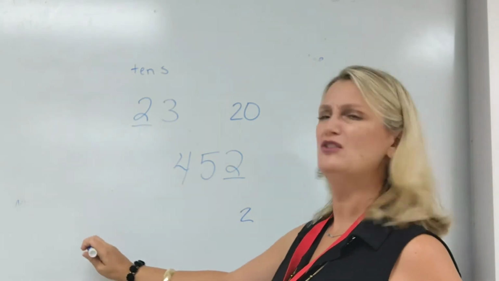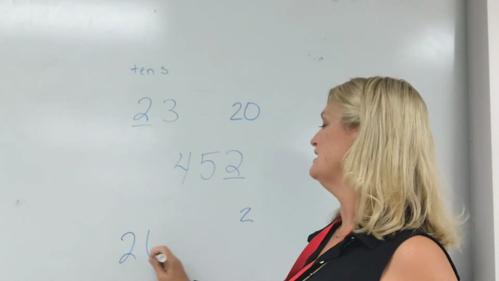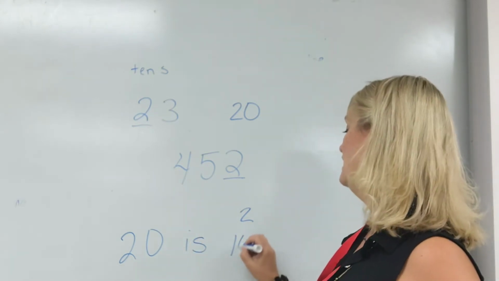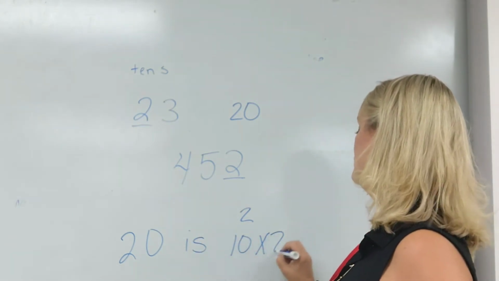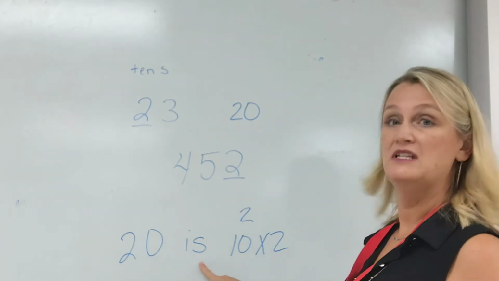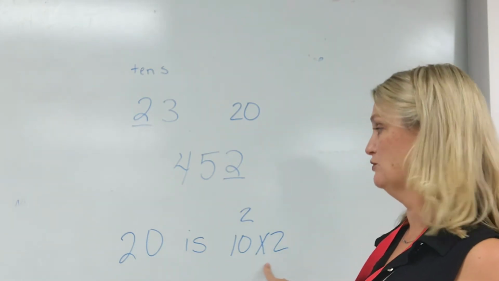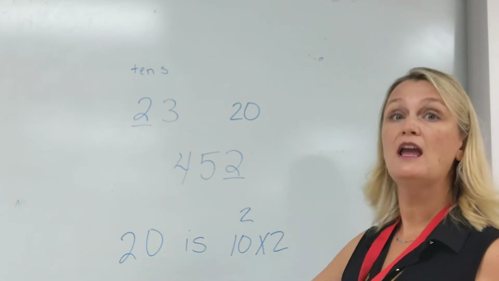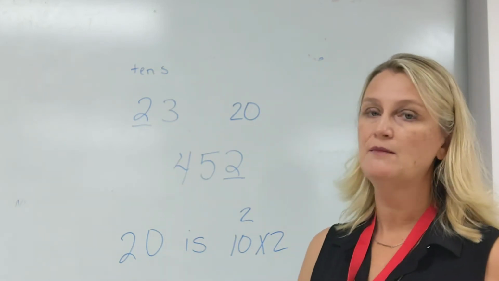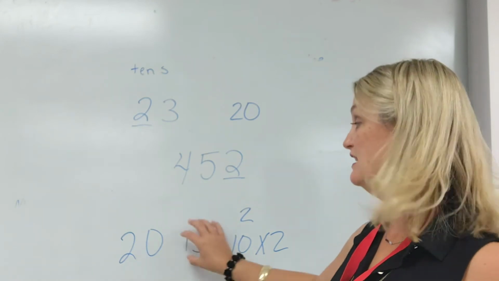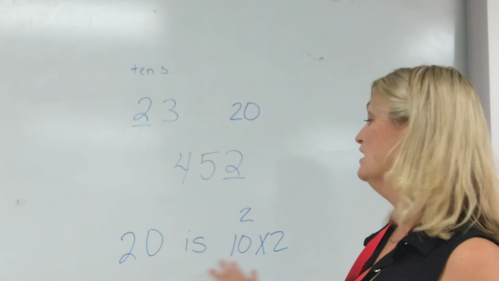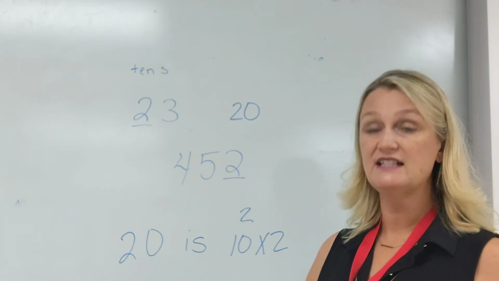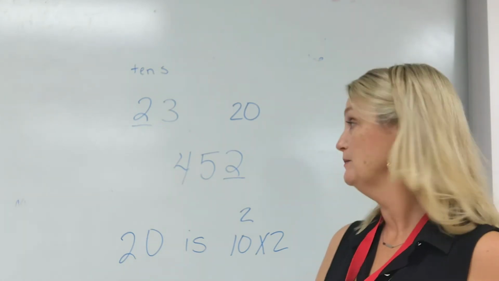And look at the words. 20 is 10 times 2. 10 times 2 is 20. It works out because in math, "is" is the same thing as an equal sign. Alright? So sometimes just using little things like that makes the identification a little bit easier.